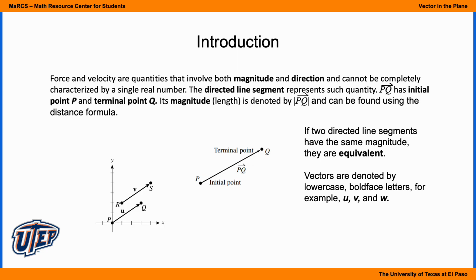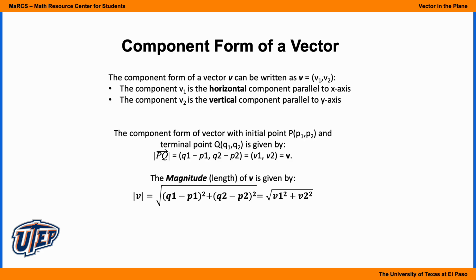Vectors are denoted by lowercase bold-faced letters, for example, u, v, and w. The component form of a vector v can be written as v = ⟨v1, v2⟩, where v1 is the horizontal component parallel to the x-axis and v2 is the vertical component parallel to the y-axis.